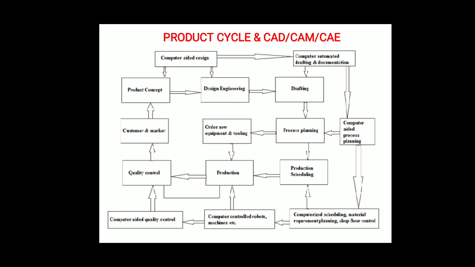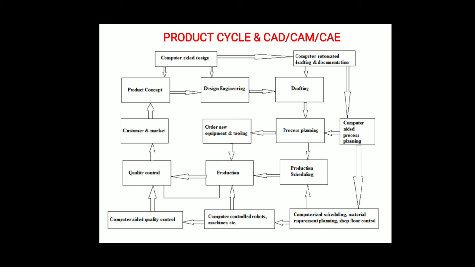Next, in production, we use various computer numerical control machines like CNC, DNC, FMS and robots, very automated machines, to create more production. In quality control, we use computer aided quality control, so inspection is easy. Later we launch the part on the market, followed by a customer survey. Like this, we carry the product cycle.